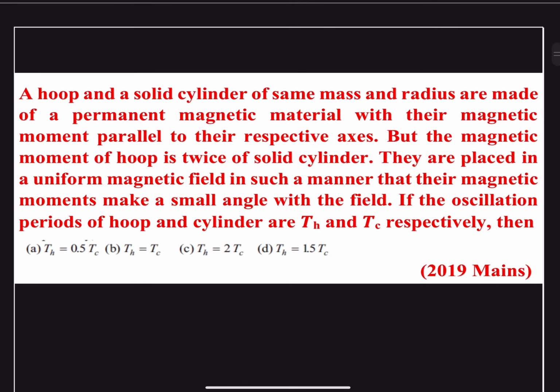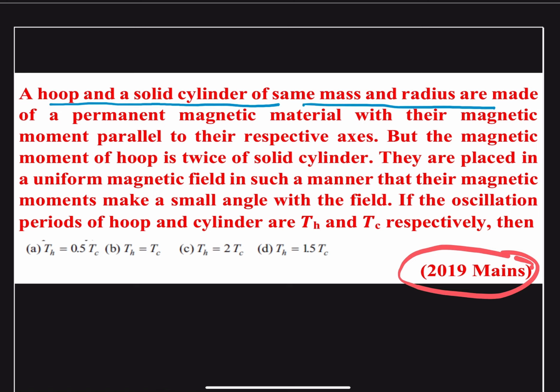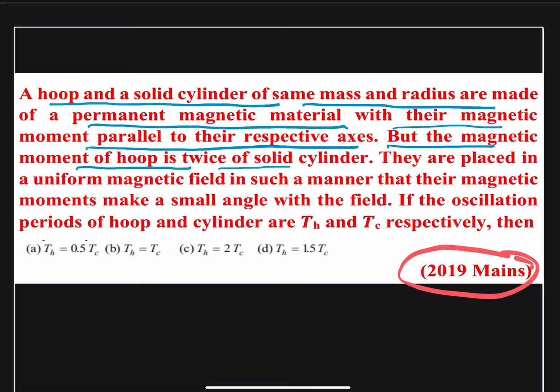It was also in 2019 mains, and the question states that a hoop and a solid cylinder of same mass and radius are made of a permanent magnetic material with their magnetic moment parallel to their respective axes. But the magnetic moment of hoop is twice of a solid cylinder.